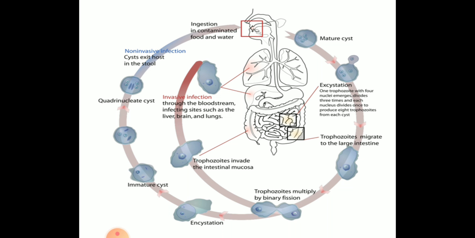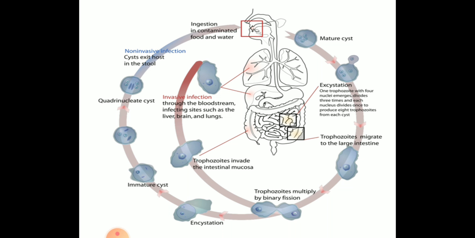So remember, first ingestion takes place, then maturation of the cyst, excystation, trophozoite formation, multiplication of trophozoites, and the trophozoites also invade the intestinal mucosa. As I said, in the large intestine the cells will decrease and our digestion will be altered.